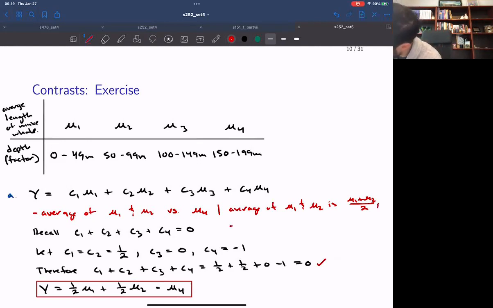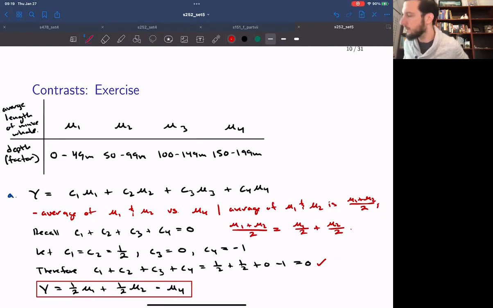And then mu1 plus mu2 over 2 is mu1 over 2 plus mu2 over 2, right? And then mu1 over 2 is the same thing as a half times mu1. They're equivalent. Does that make sense?